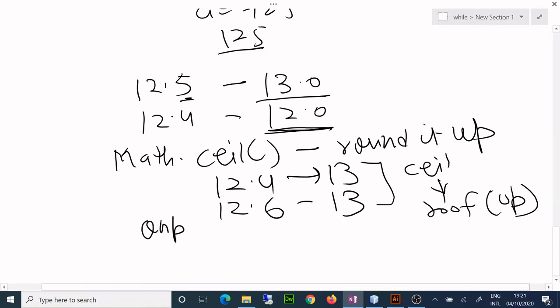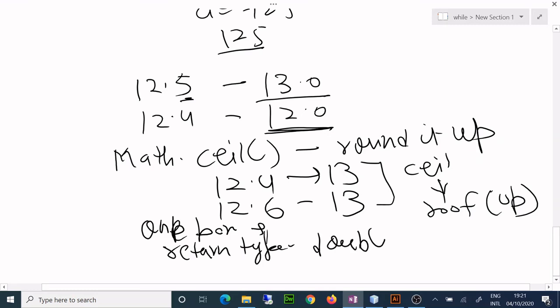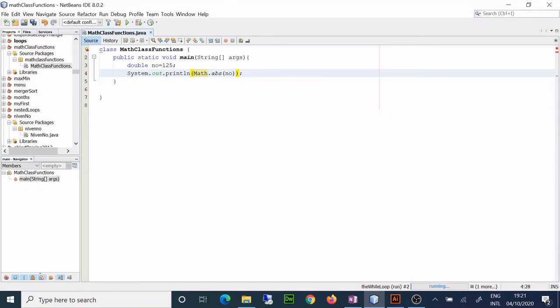And it takes one parameter, and its return type is double. Okay, its return type is double. So let's see here. I have this number 12.4, and I say math.ceil here, right?